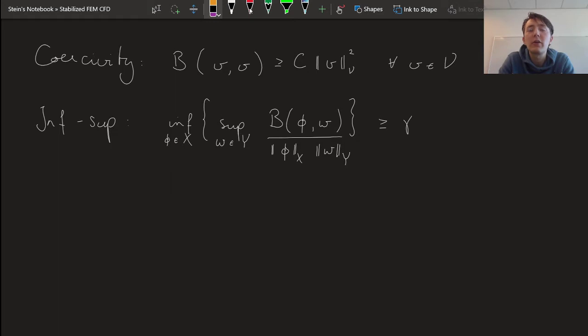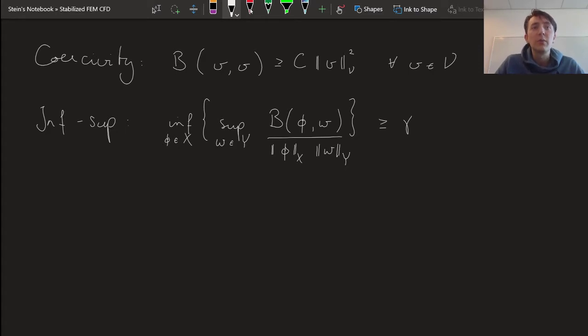And the second thing that I've also mentioned already is that even though maybe we can prove in the infinite dimensional setting that a bilinear form, and hence a partial differential equation, is well posed if we require Inf-sup, that does not necessarily mean that also a finite element approximation of that problem is well posed. And that's something that I would like to first elaborate on a little bit more.